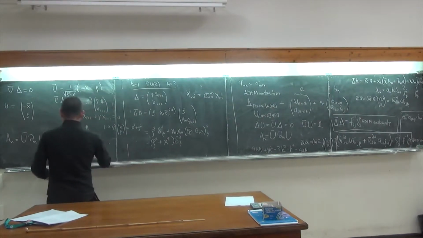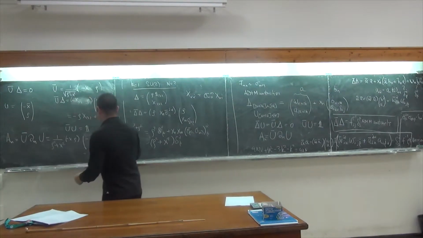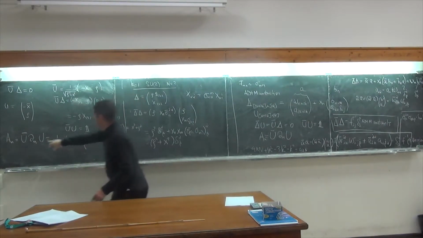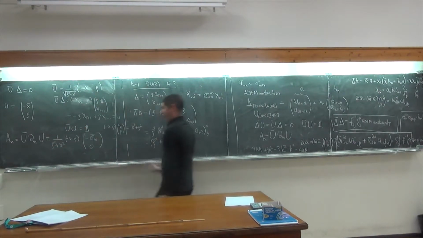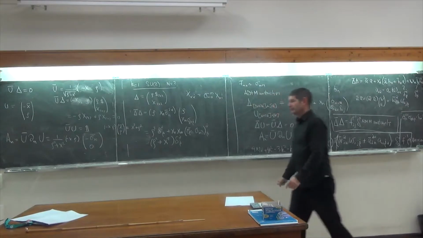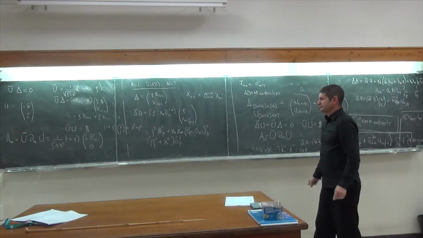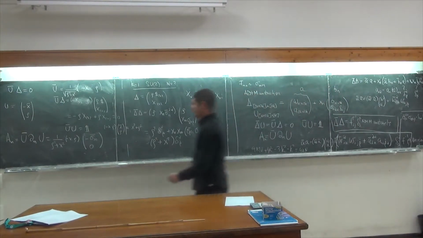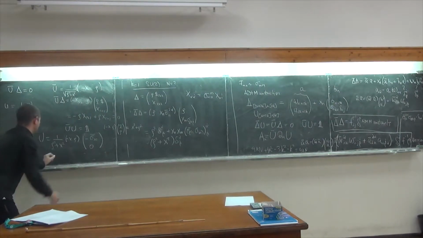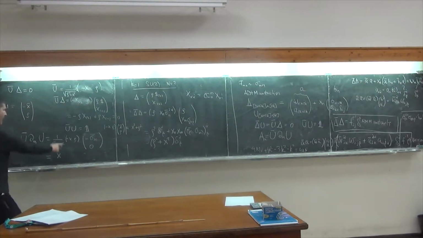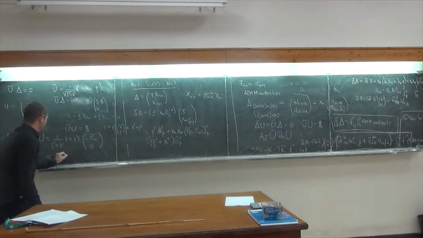Okay, where was I? d_m of u, d_m of rho is 0. Therefore, we get only this term. This is x sigma.